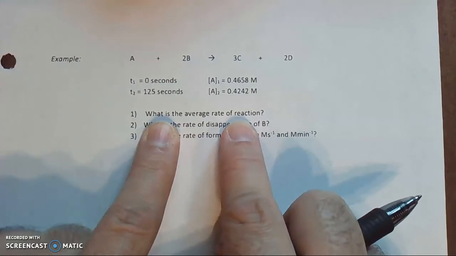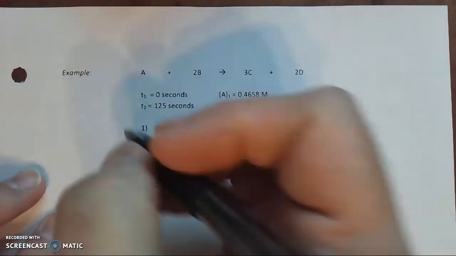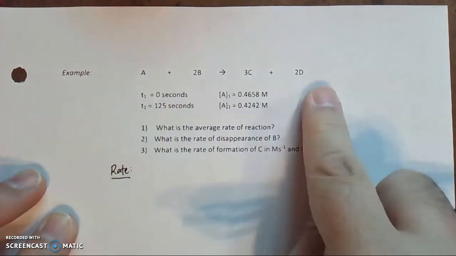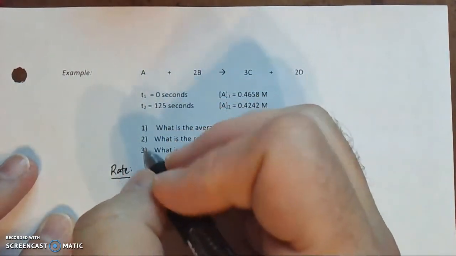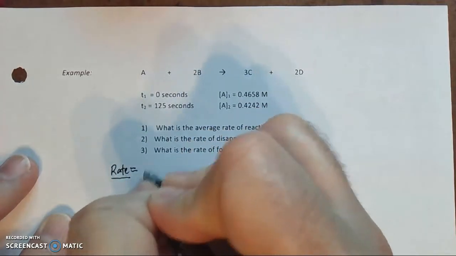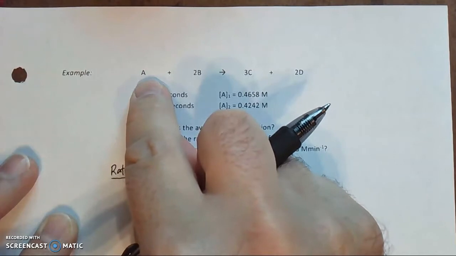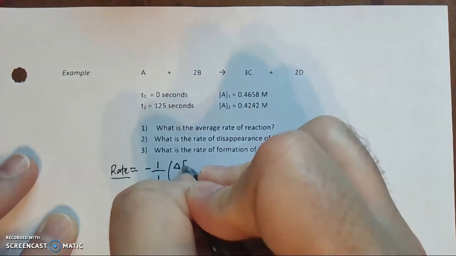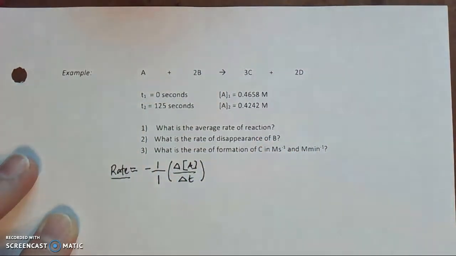So we have to use our general rate of reaction formula, which I am going to derive. So we take that from the coefficients up here in this reaction. So the rate is equal to negative 1 over 1 because A has a coefficient of 1 times the change in concentration of A over the change in time.